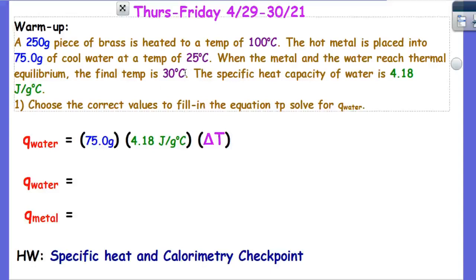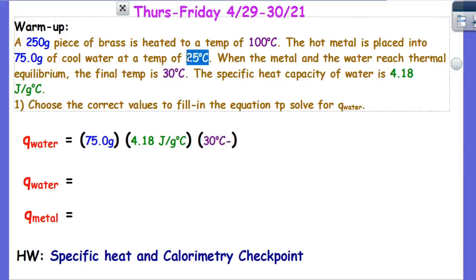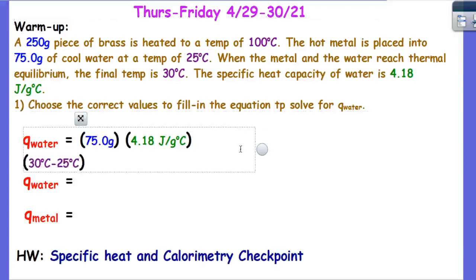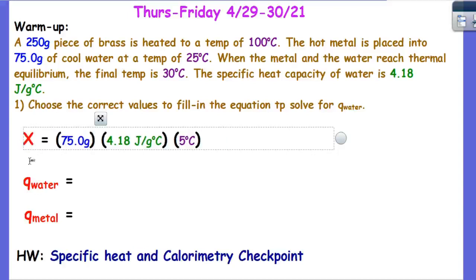So my final temperature here is 30 degrees Celsius, minus my initial temperature, which is 25 degrees Celsius. So if I have 30 degrees minus 25, that means overall my delta T is only 5 degrees Celsius. Now, I also needed something to put here, so Q for water is what I'm actually looking for. So Q of water is X.